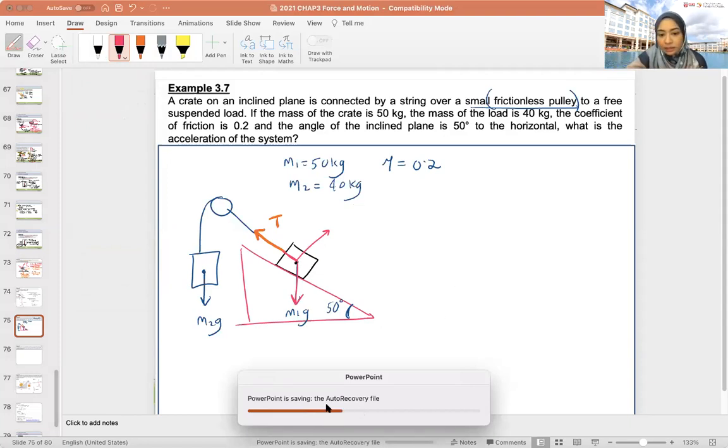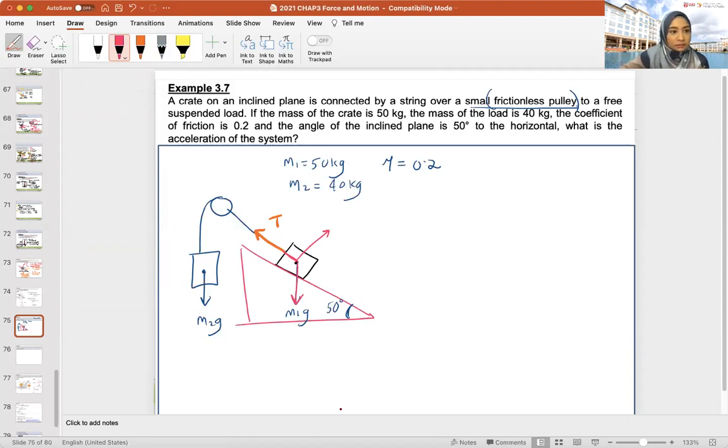And then R. And then we don't know where the friction is, but earlier who answered? She's saying that the system is going to the right.